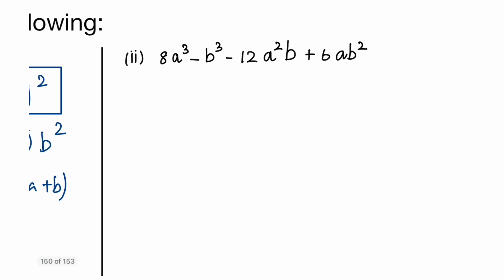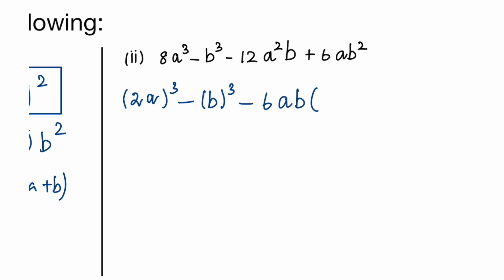Okay, moving on to the next subdivision here. 8a cube minus b cube minus 12a square b plus 6ab squared. Okay, now again, before getting into the identity, I'm going to do the few steps that we do already. This 8a cube can be written as 2a the whole cube and minus b the whole cube, and from the last two terms, I'm going to take 6ab as a common factor.